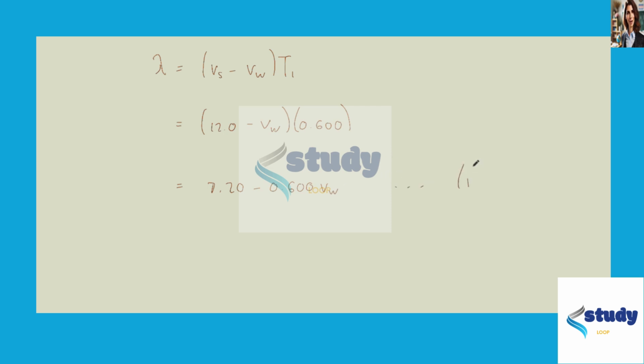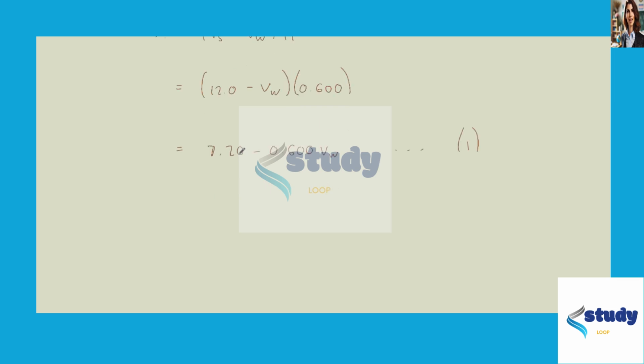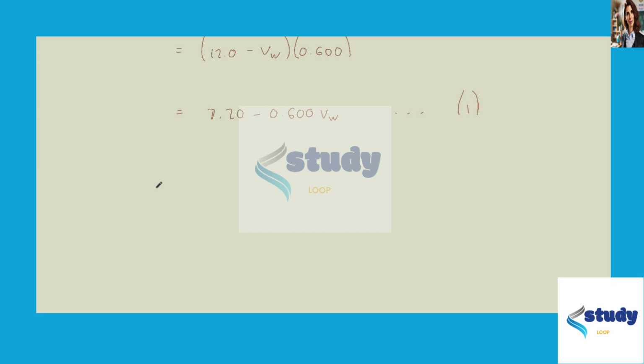So we have an equation with two unknowns, the wavelength and the speed of the wave. So similarly, when the skier travels in the opposite direction to the waves, we have lambda is now equal to Vs plus Vw times the second period T2.